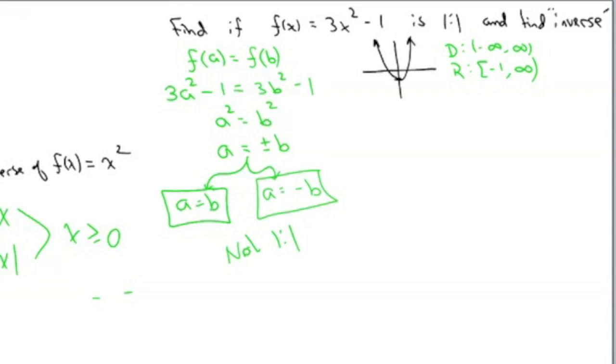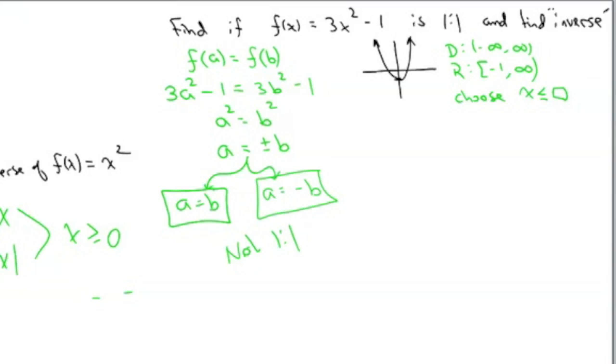I can take the left-hand branch and erase it, or I can erase this half. I get to do whatever I want to do. So I'm going to choose x to be less than or equal to 0.